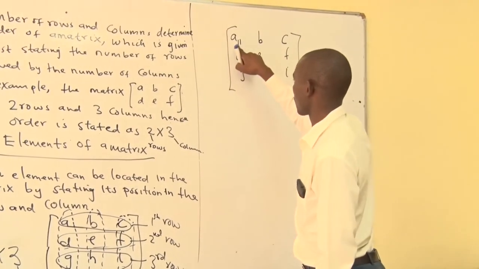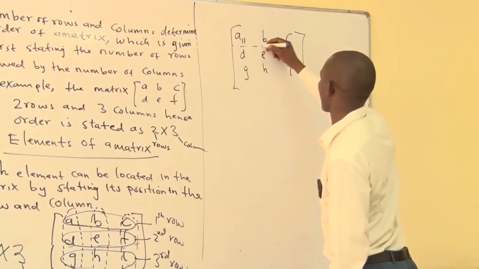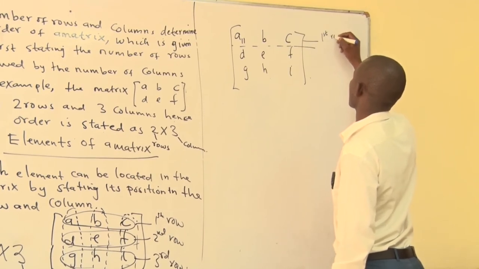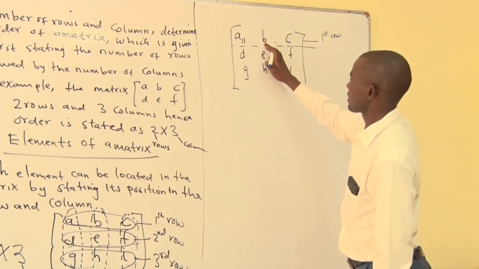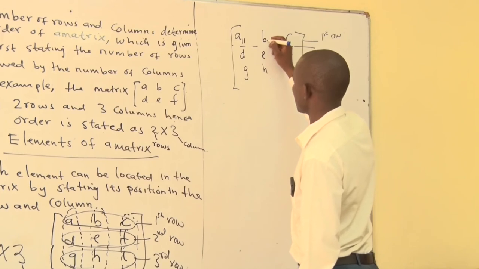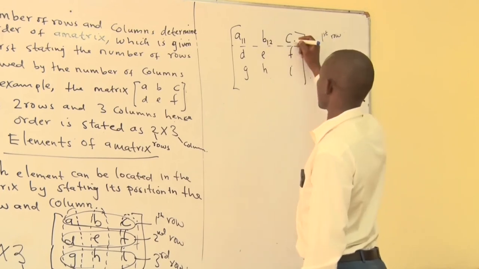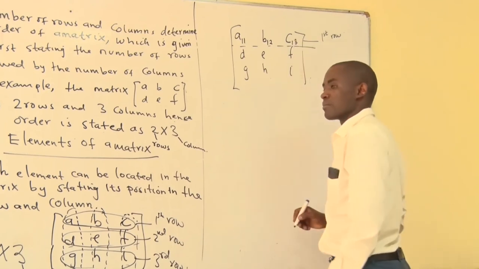So this is the first row, first column. I move to this one. Remember this is the first row. All these characters are in the first row, but different columns. This one is in the second column, but in the first row. So B is in the first row, but in the second column. C is in the first row, but in the third column.